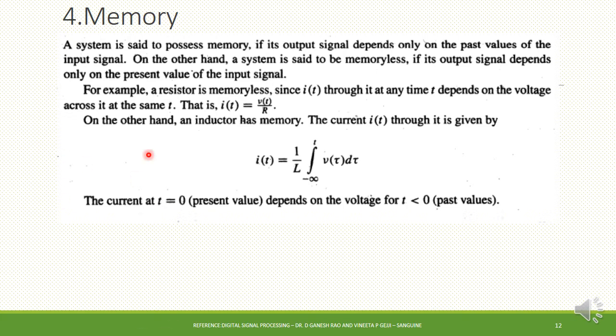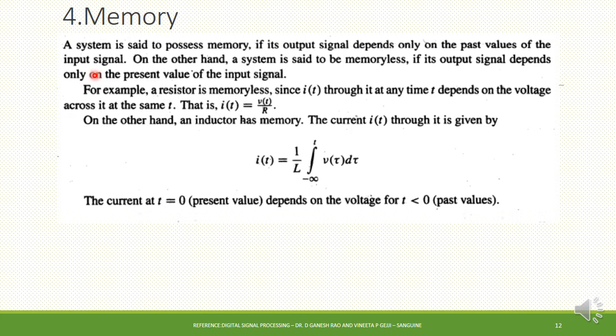A system is said to possess memory if its output signal depends only on the past value of the input signal. When we say that a system has memory, that means its output signal depends on the past value of the input signal.